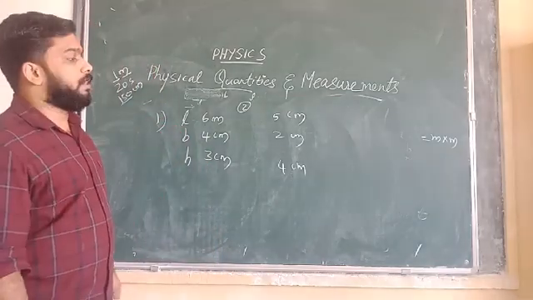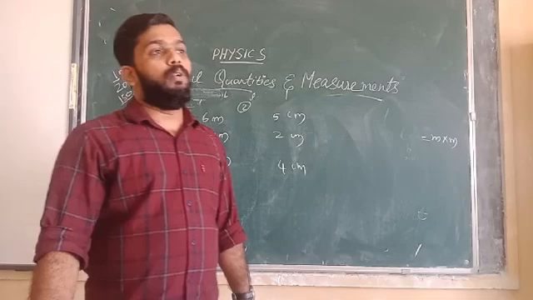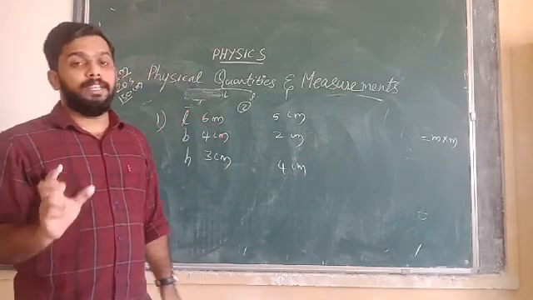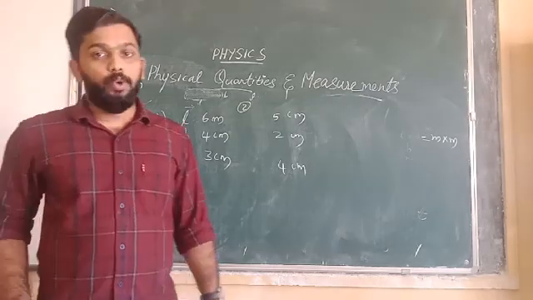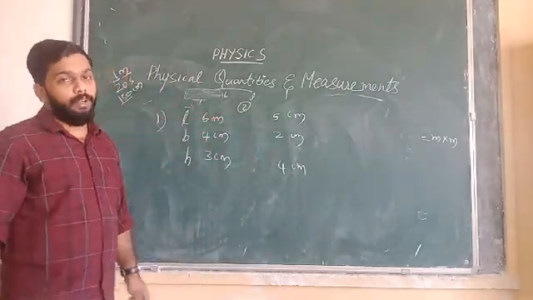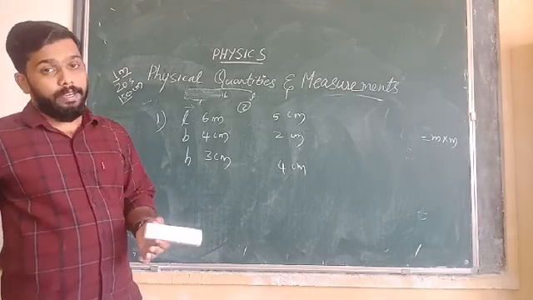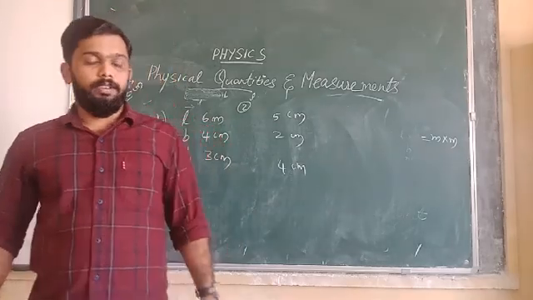And next we have discussed about volume, the space occupied by an object. The total amount of space occupied by an object is called its volume, and volume can be found out by length into breadth into height. So the SI unit will be cubic meter.